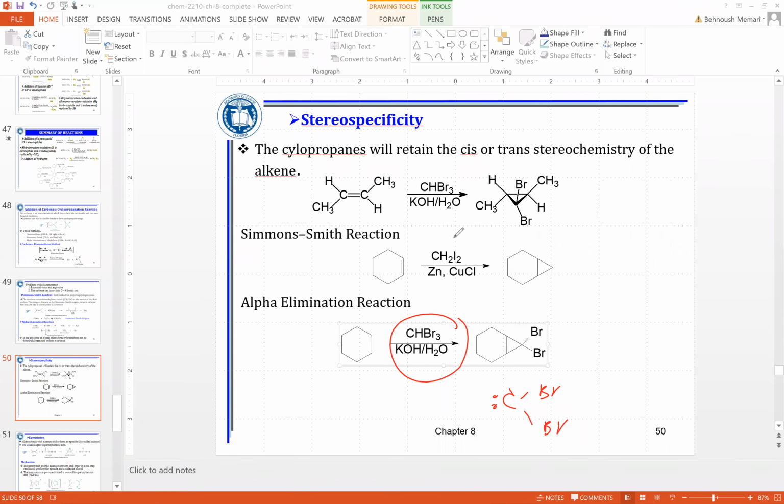And then zinc iodide with zinc and copper(I) chloride. A mixture of all three of them is going to give you also carbene here. Just know the reagents. And then the final product is formation or addition of a cyclopropane.